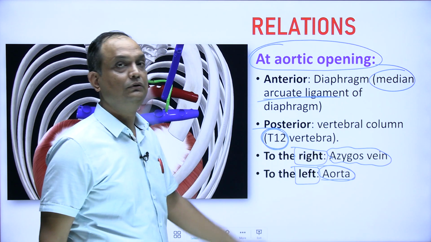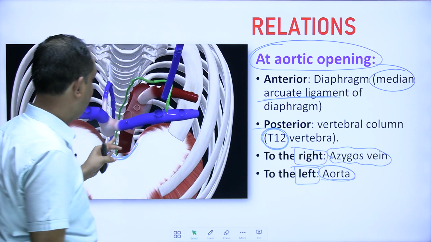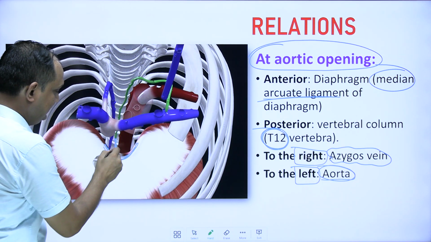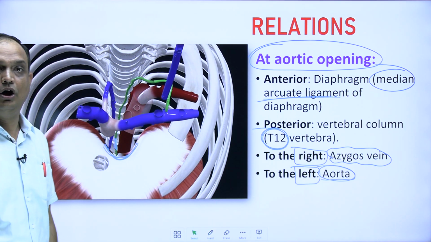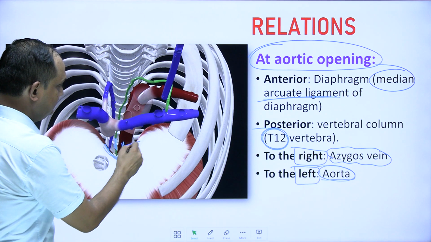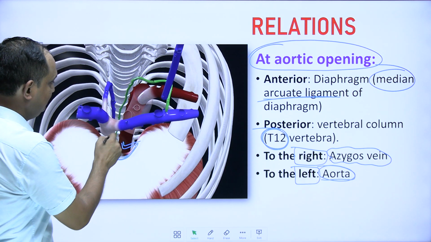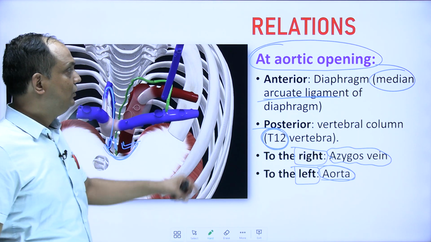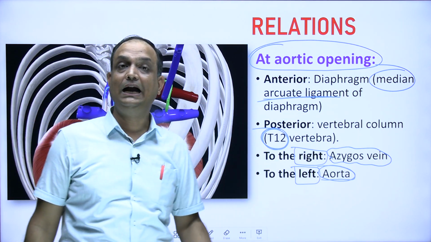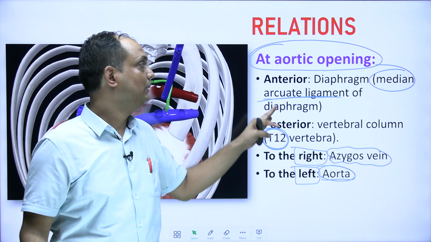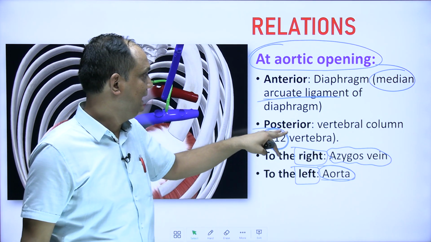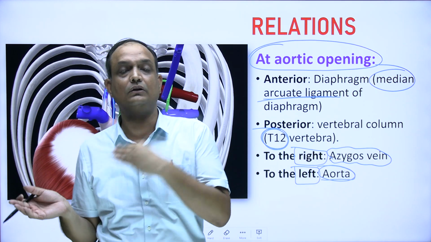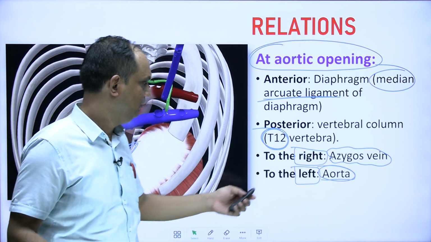So, it becomes easy to keep in mind, which you can also appreciate in this diagram: this is your midline green color thoracic duct, on the left side you have the aorta, and on the right side you have this blue color vein, that is your azygous vein. So, at the diaphragm, anteriorly you have the diaphragm itself, posteriorly T12, on the right side azygous vein, on the left side aorta.